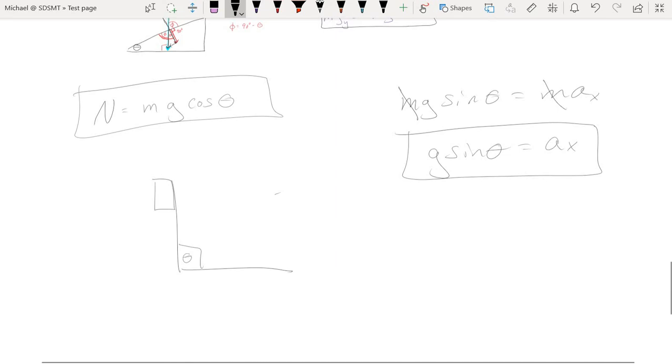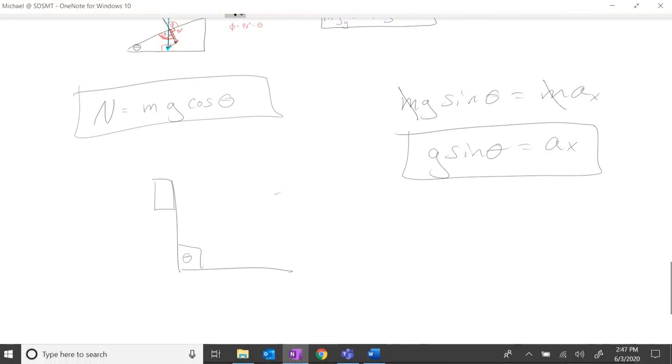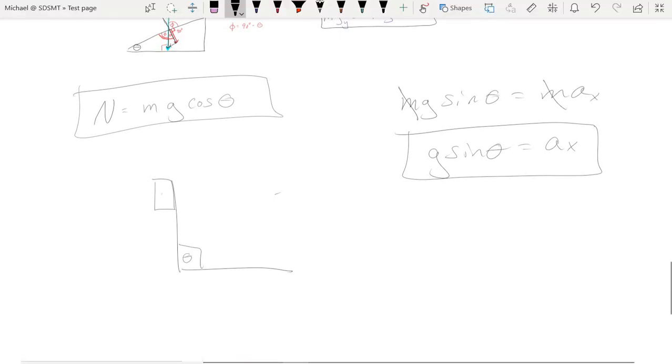Well, what are you going to get for a normal force now if theta is equal to 90 degrees? Cosine of 90 makes for a 0. So does that mean that there's no normal force here? Well, look at it this way. Gravity always points straight down.